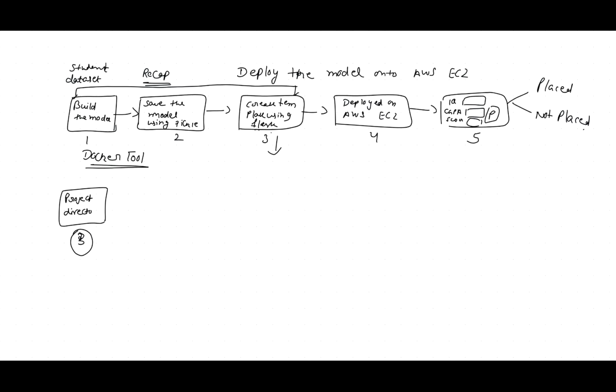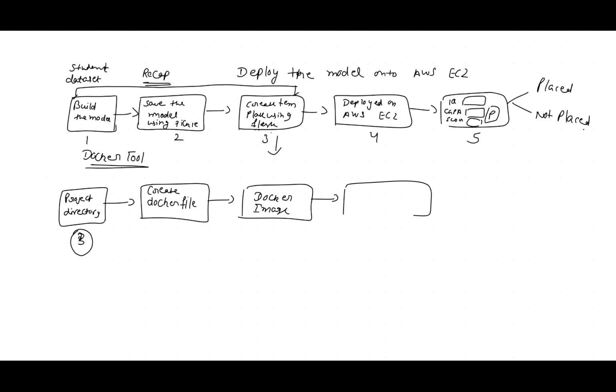Then we will create a Docker file inside it. This is nothing but a file that contains all the instructions required to run your model. Using this file, we will create the Docker image, and this image will be uploaded onto EC2, and then we get the same output.